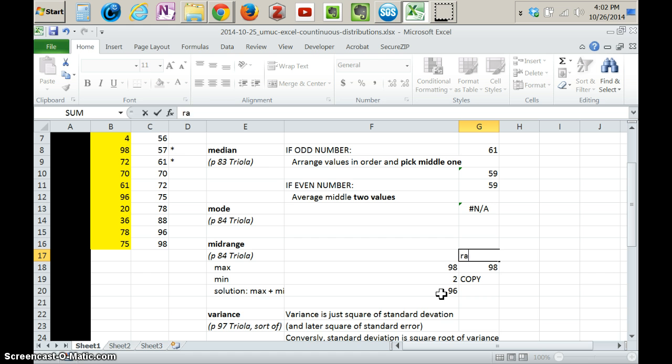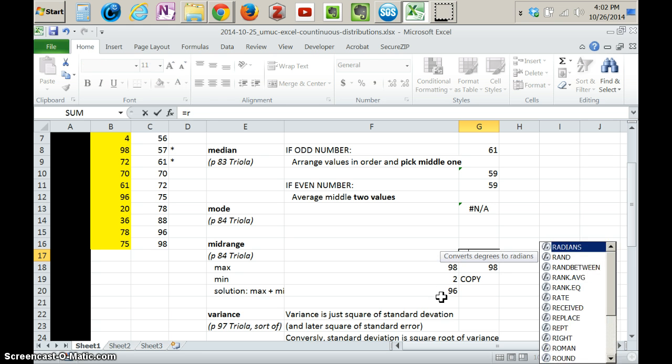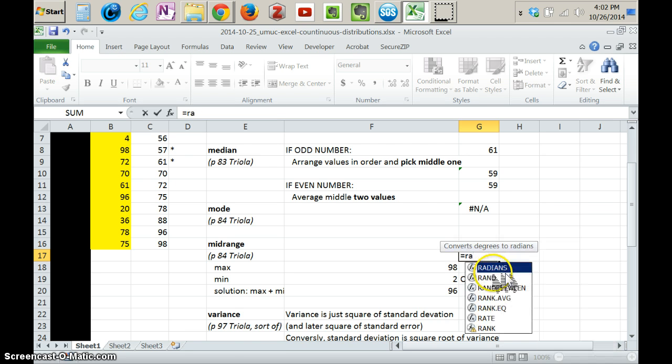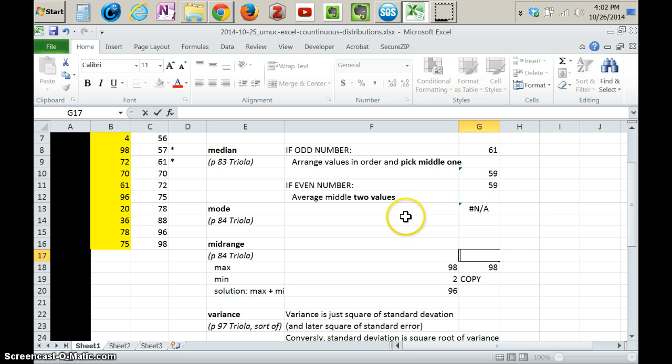Range, because remember it'll show you formulas with that spelling as you start to type it out. So I didn't see anything, and this wasn't a situation where I thought looking up online was going to be helpful. So I did want to show you, though, that there's a max and a minimum.